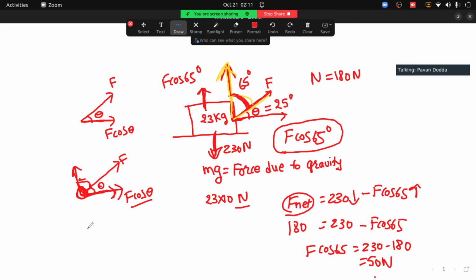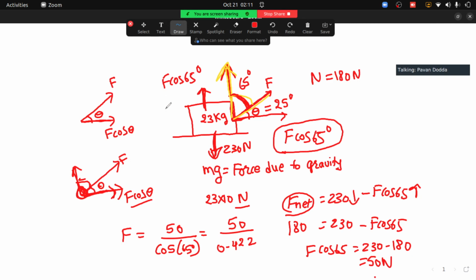So what is the value of F then? F equals 50 upon cos 65. Now what's the value of cos 65? You can use the calculator. 0.422. So let's substitute these values: 50 upon 0.422.